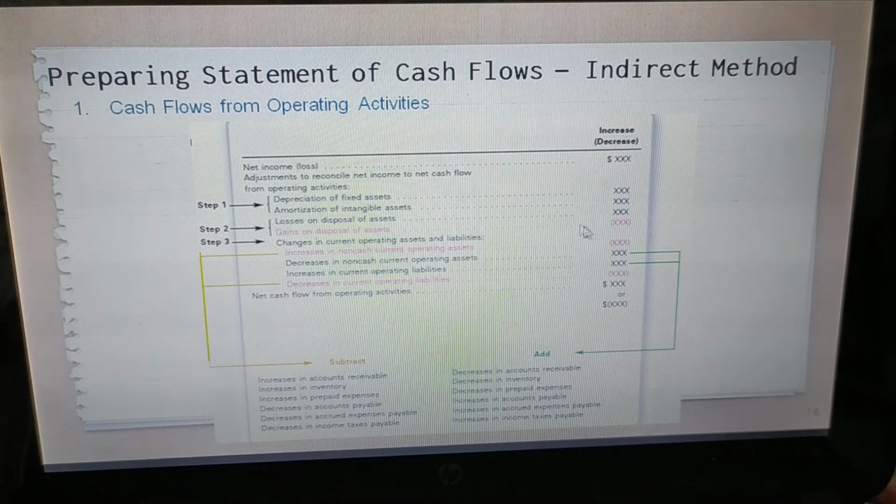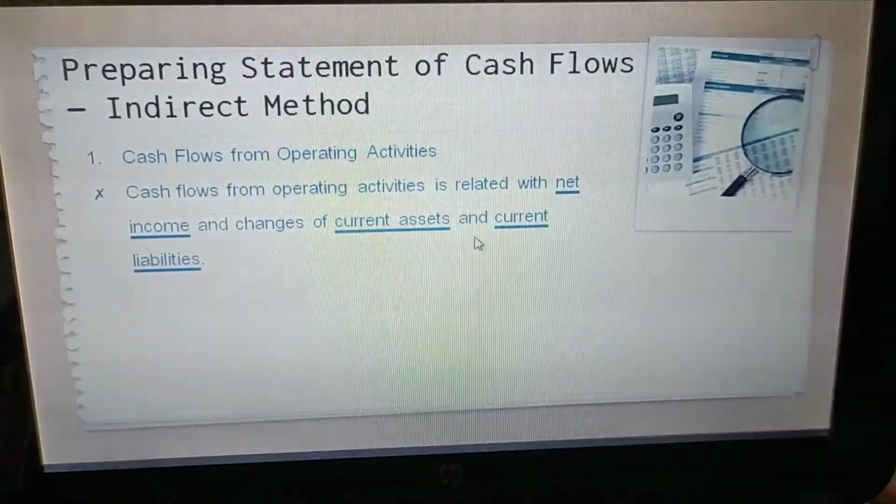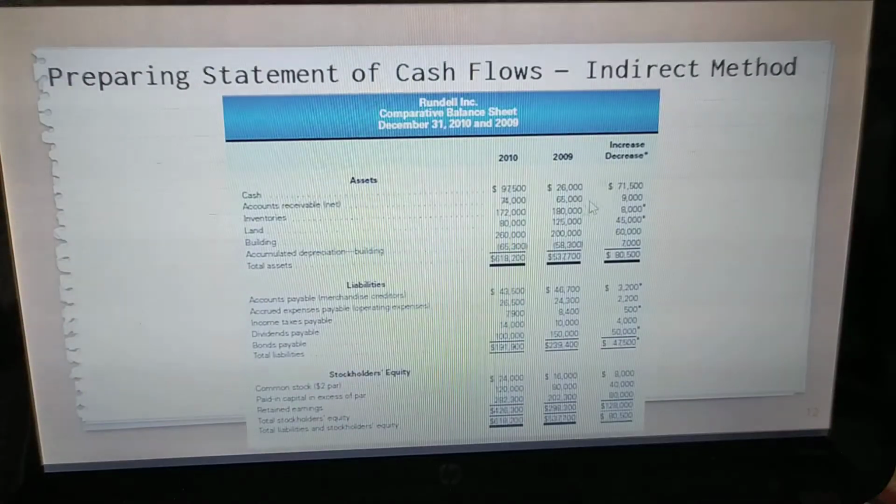After you find the gain or loss, you focus on the current assets and current liabilities of the company. So we go on to the balance sheet. For current assets, we start from accounts receivable, and we take accounts receivable and inventories.